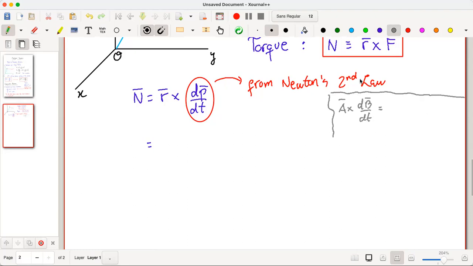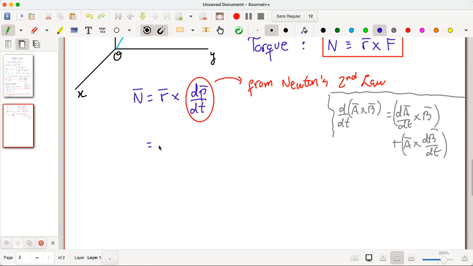If I have A cross B and I take the derivative of both with respect to time, this is the same as dA/dt cross B plus A cross dB/dt. So applying it here, this can be seen as A cross dB/dt.